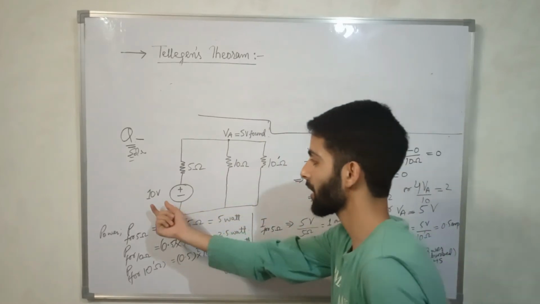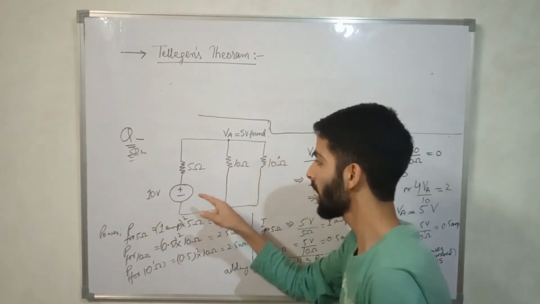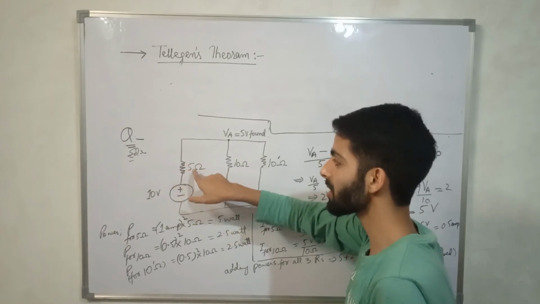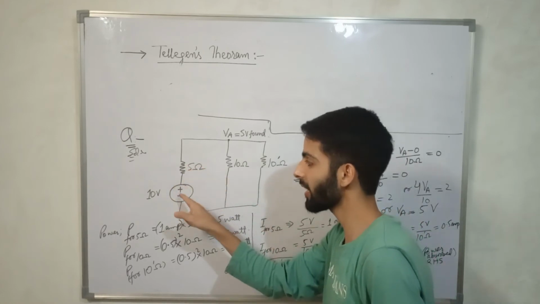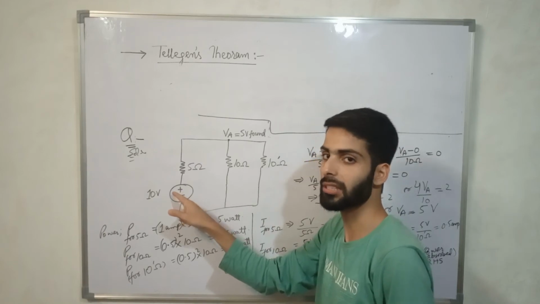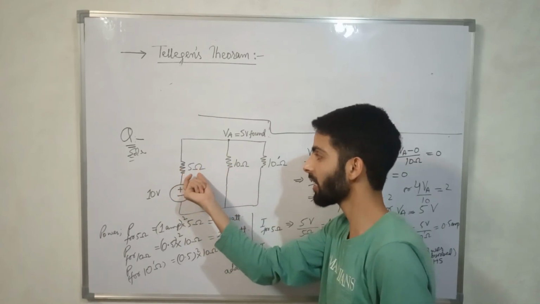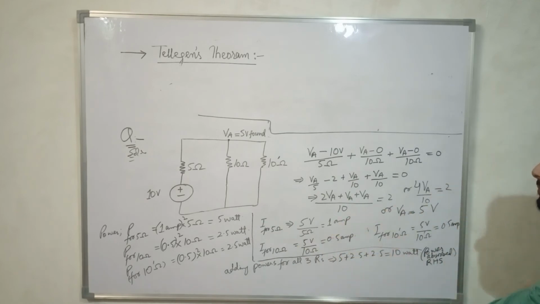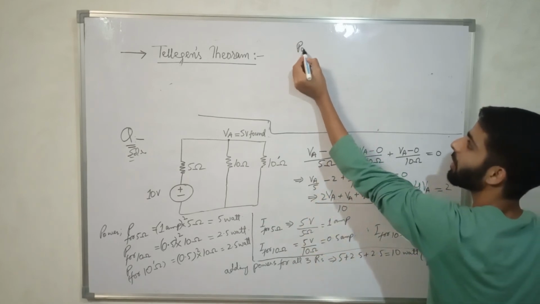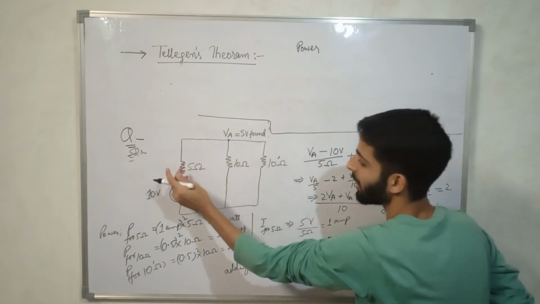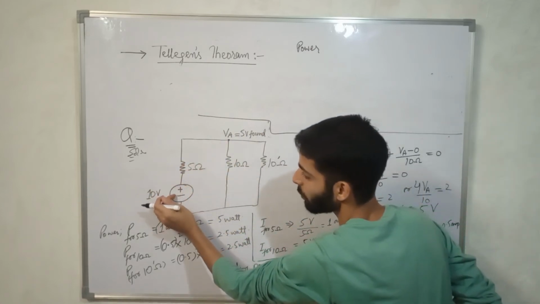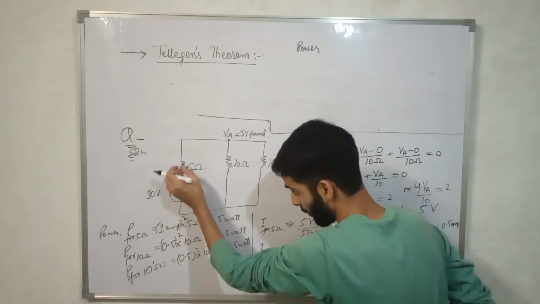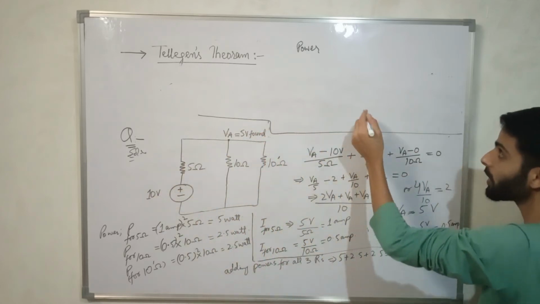What is the voltage? 10 volt. What is the current that goes into this immediate resistor that is very close to this voltage source? What is the current going into this 5 ohm? We have found it, 1 ampere. Because there is no element between this voltage source and this resistor, the total power will be given to this immediate resistor.